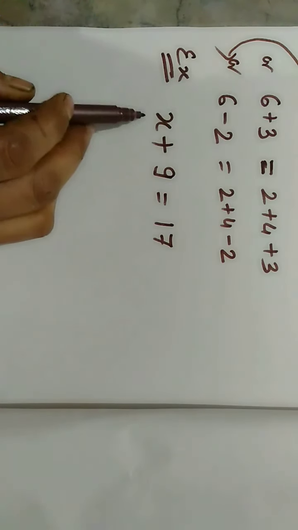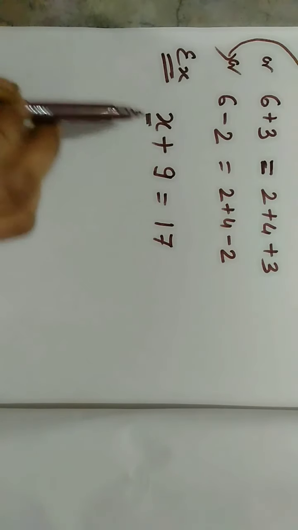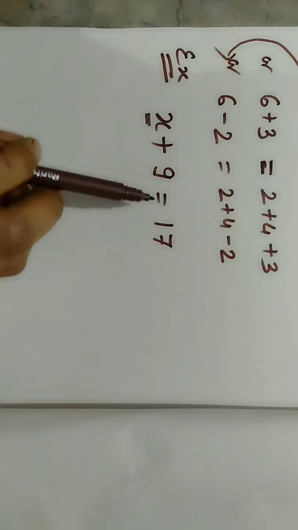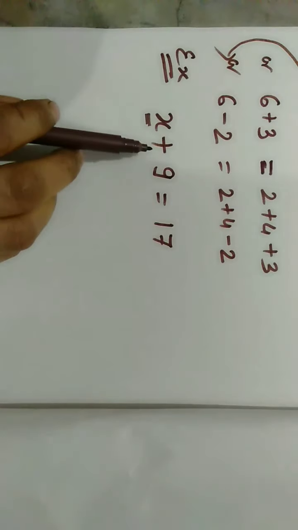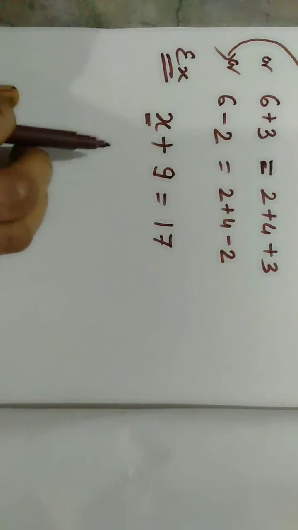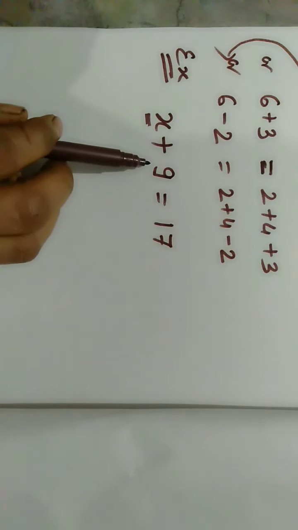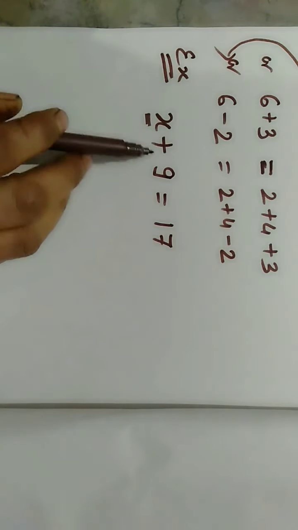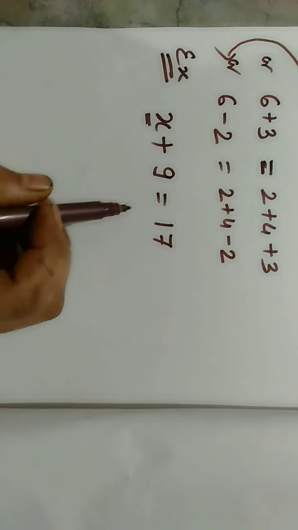So when we have to find the value of x, we have to keep only this variable in the left hand side, and all remaining things should become 0, either by addition or subtraction or multiplication or division. We have to make this as 0. x plus 0 quantity must be there.